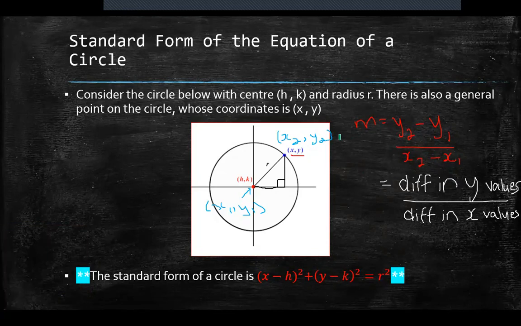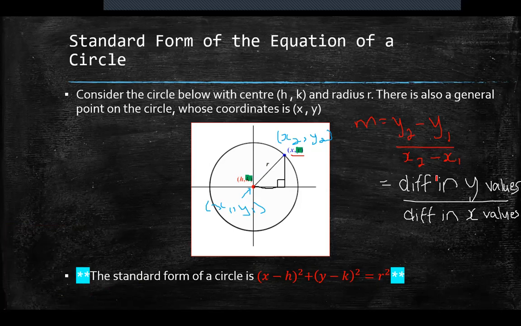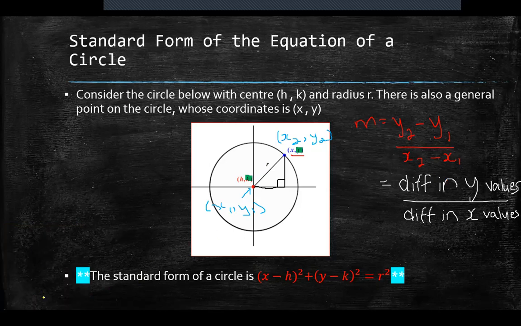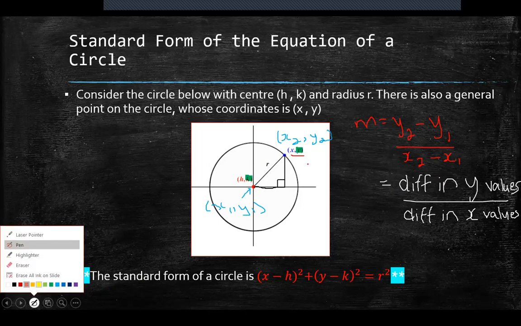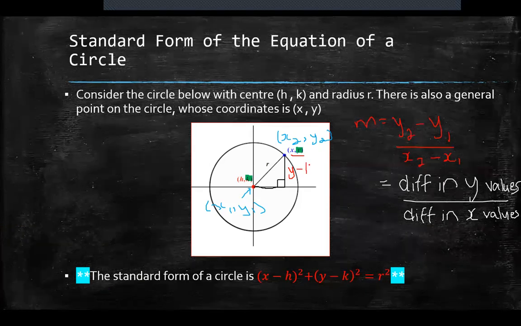Looking at this coordinate, y2 is y, and y1 is k. So if I wanted the difference in my y values, that's y2 minus y1, then it would be y minus k.